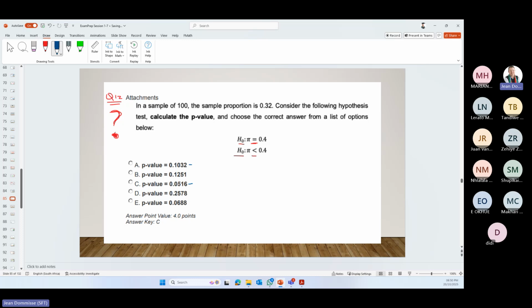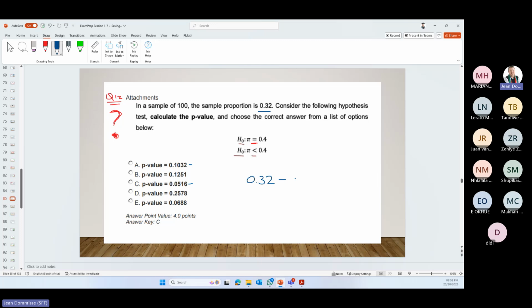Okay, the others at least don't, times two, give you the other one. Okay, so in a sample of 100, the sample proportion is 0.32. Consider the following hypothesis test, calculate the p-value and choose the correct answer.